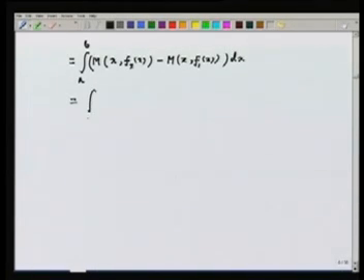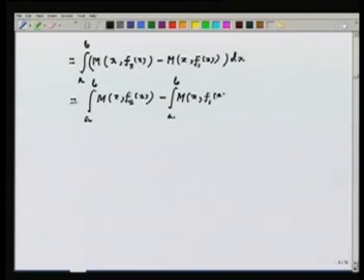Now I quickly separate the integral. It is integral a to b of M(x, f2(x)) dx minus integral a to b of M(x, f1(x)) dx. So I have a dx here, I should have a dx here also.